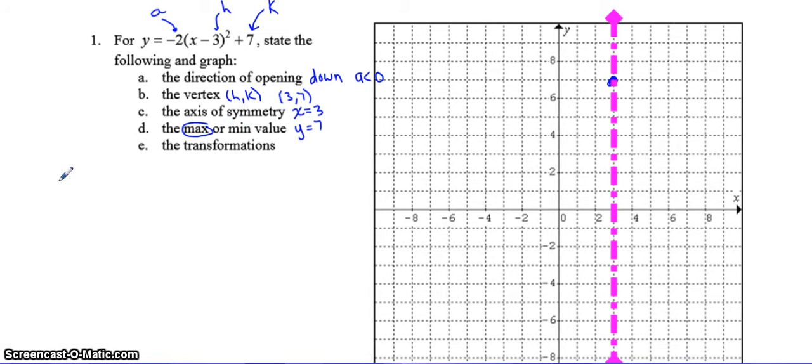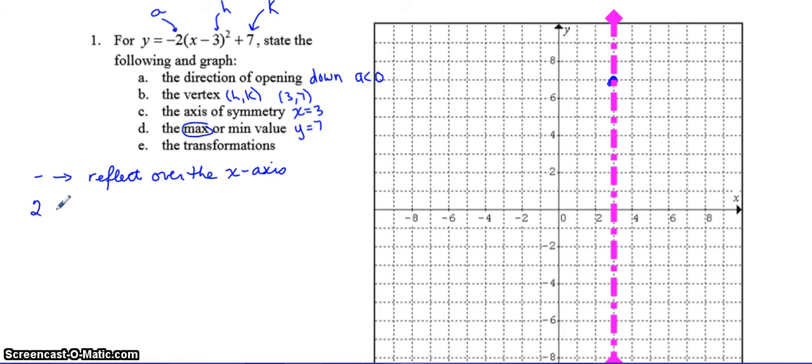And the transformations. So we've got 4 transformations. The negative is going to make it reflect over the x-axis.